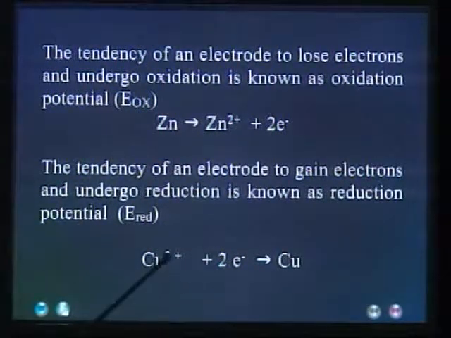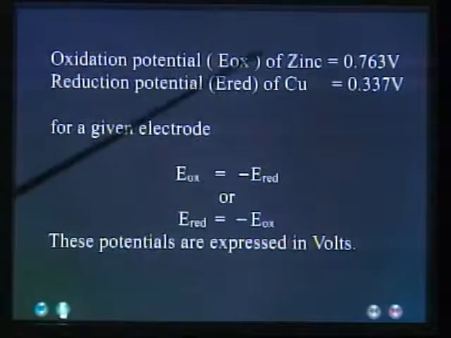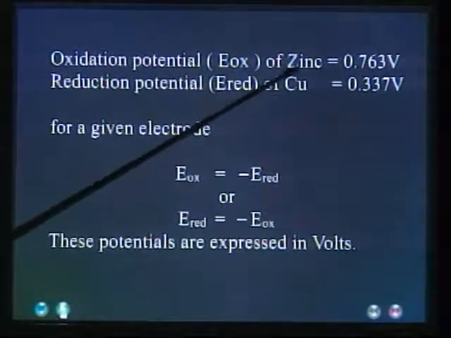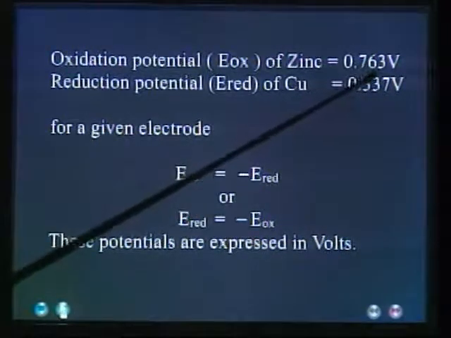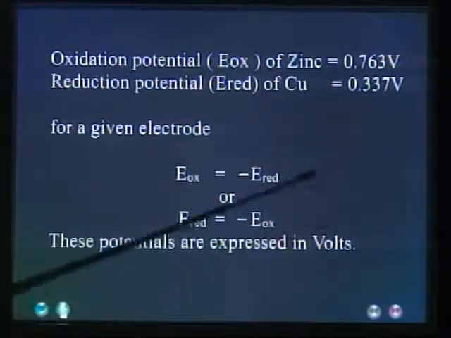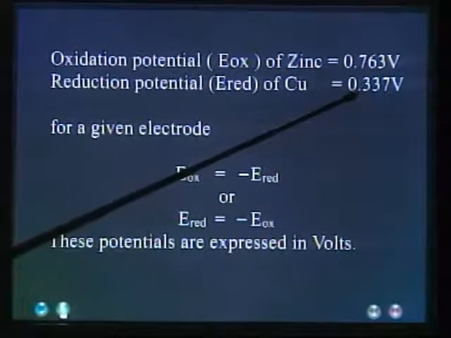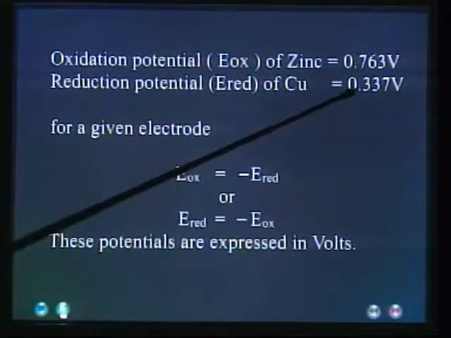The corresponding reaction is copper 2 plus plus 2e gives rise to copper. The oxidation potential of zinc, for example, is 0.763 volts. Similarly, the reduction potential of copper is 0.337 volts. These values are obtained by some other experiment.